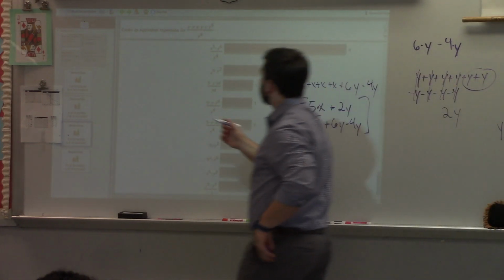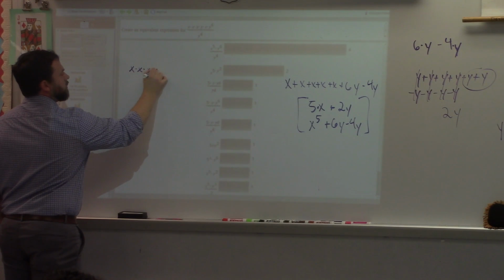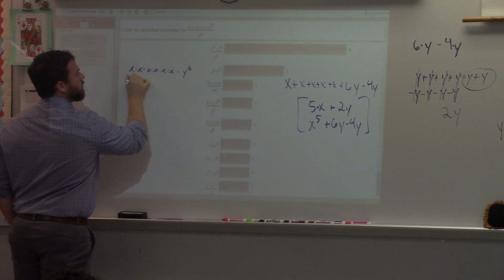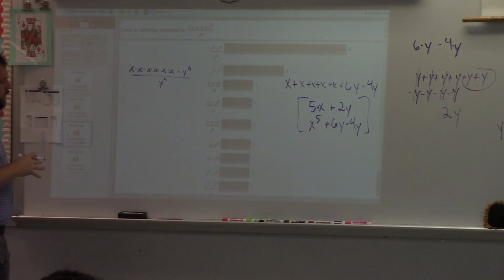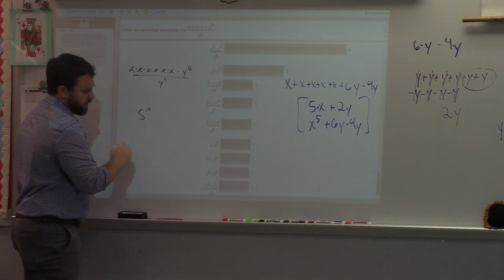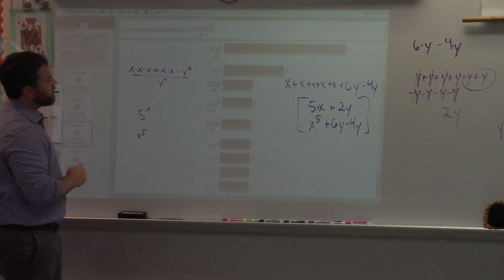Whereas, I'm going to contrast that very clearly here. Okay? So, in this one, I have a lot of x to the fifths.